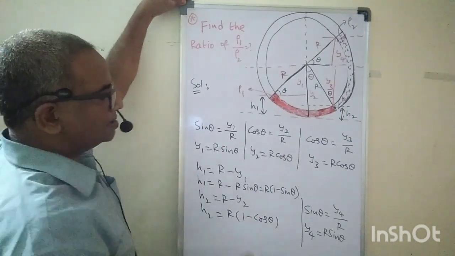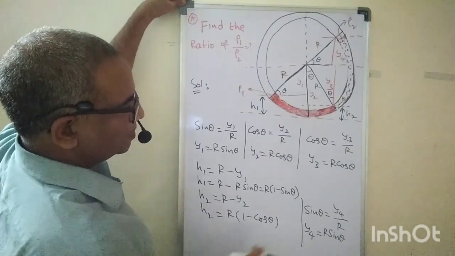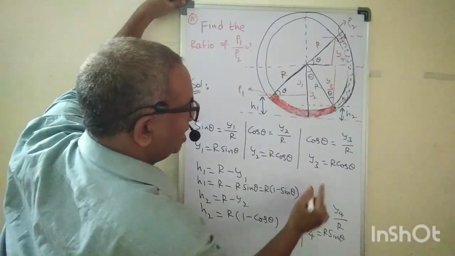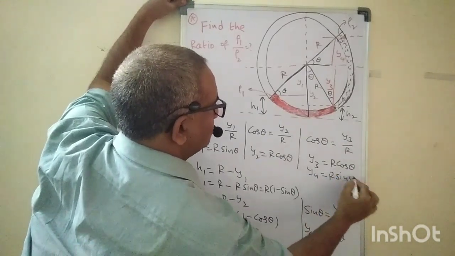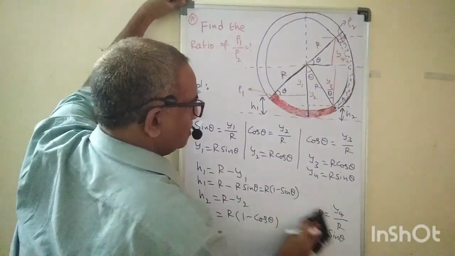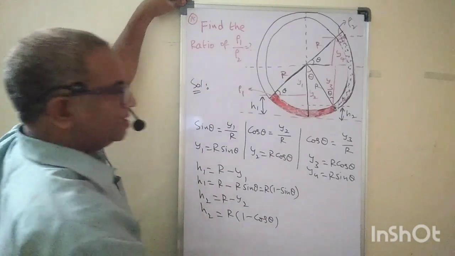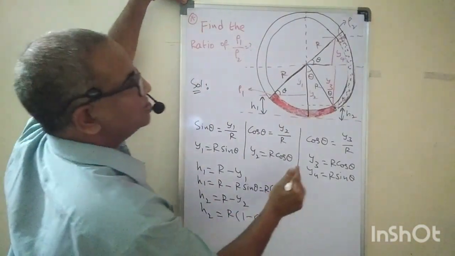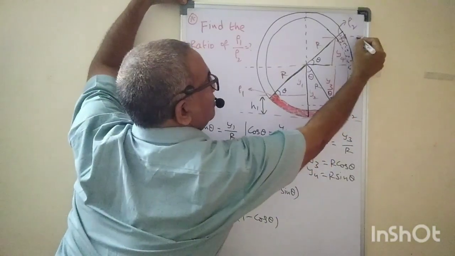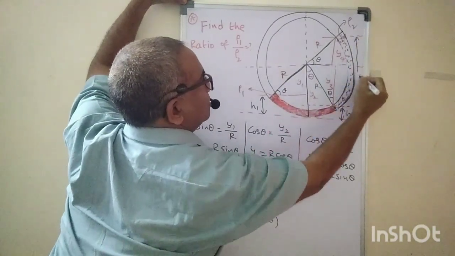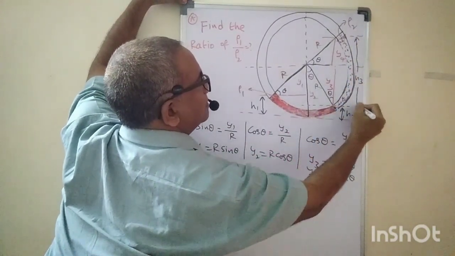Then similarly, observe here carefully. Y4 here I have written, y4 equals r sine theta. I will rub this part. Now observe here. Once you see carefully, this rho 2 height. What is the height of rho 2 here? The height of rho 2 is h3 here.